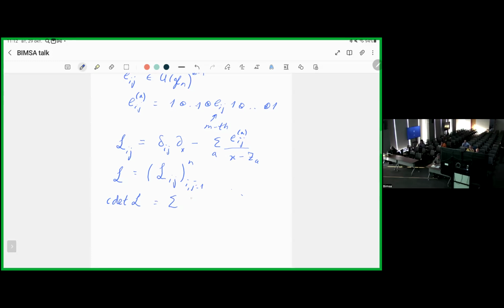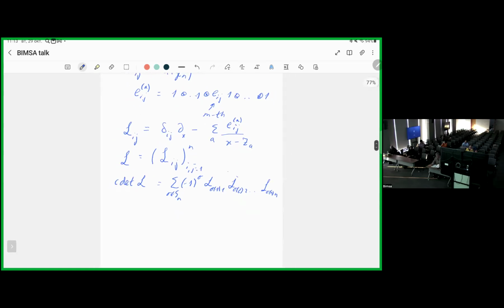I just need to order my elements with respect to the second index. So it's the sum over all permutations of L_sigma(1)1, L_sigma(2)2, and so on, L_sigma(n)n. So I'm just choosing the order such that the second index, which is the column index, grows from left to right.